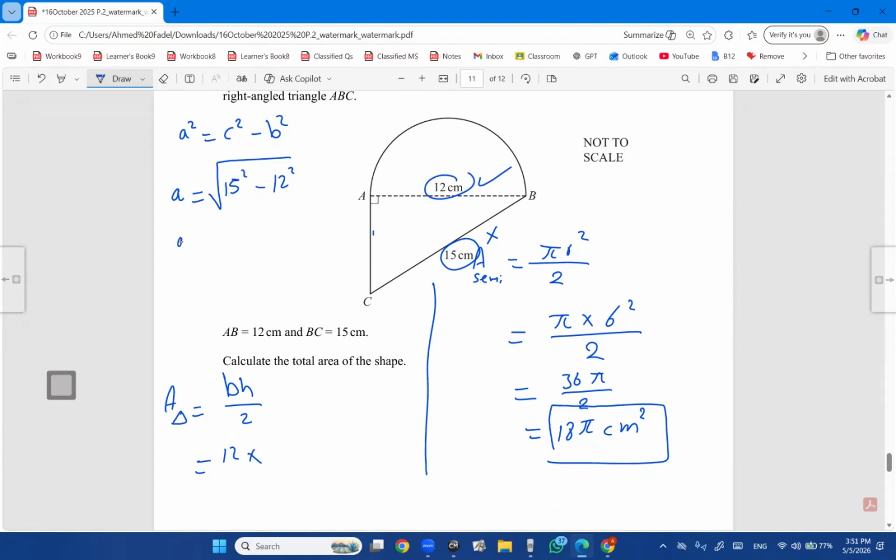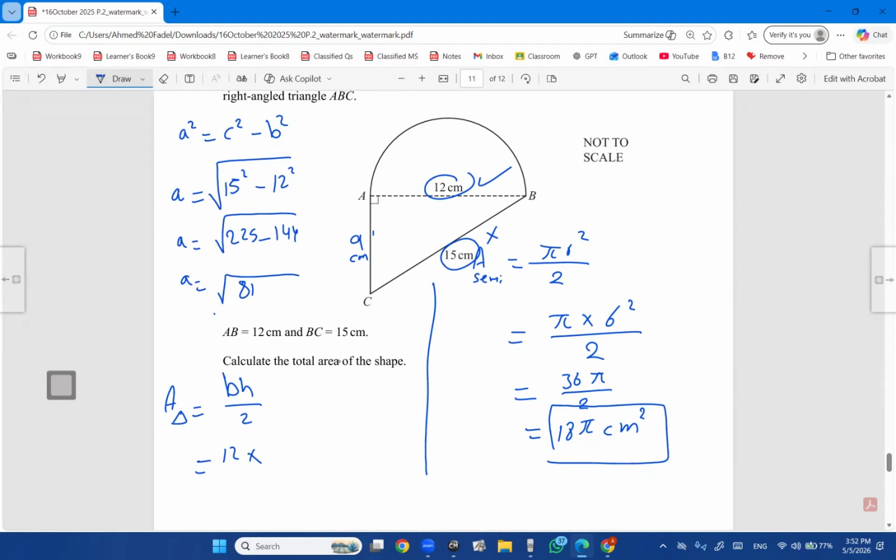Then A equals square root of 225 minus 144, which is exactly 81 on the calculator. Square root of 81, so A is just 9. So this side is 9 centimeters.